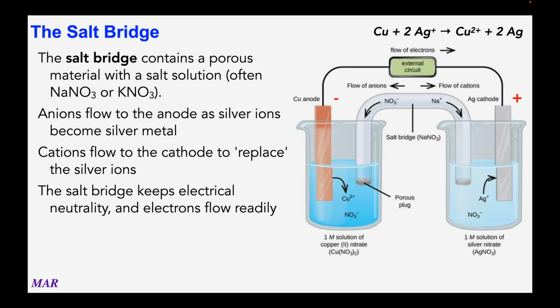So those negative anions are going to go over to the other side, the anode. They will take the place then and help out the copper 2+ ions which are forming. Copper 2+ needs an anion to make it balanced. It just is all about keeping everything neutral. And if you do this, the important part is that electrons literally flow from the anode to the cathode, and then anions flow from the cathode to the anode through the salt bridge, which is pretty cool.